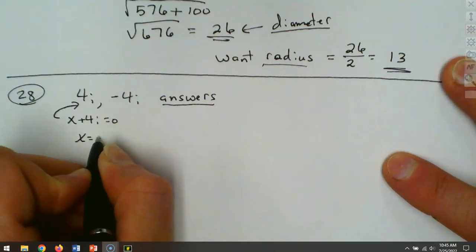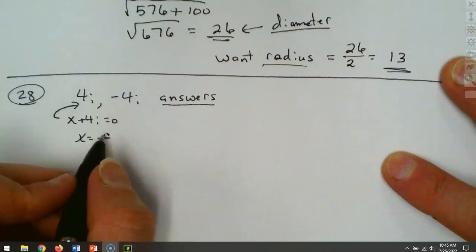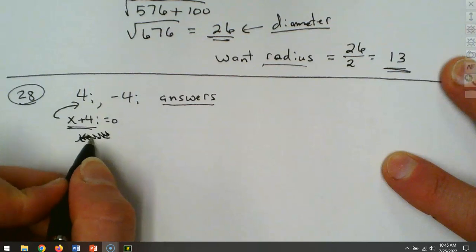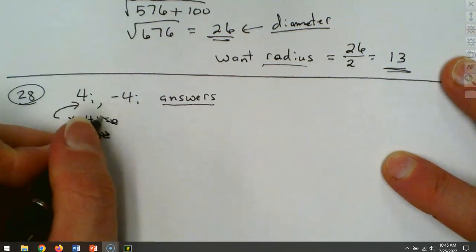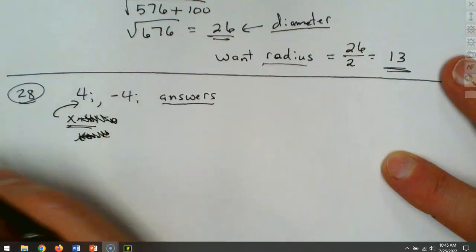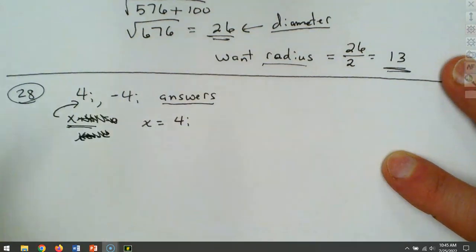So we've got x equals 4i. It'll make more sense when we have different numbers that are not the same.